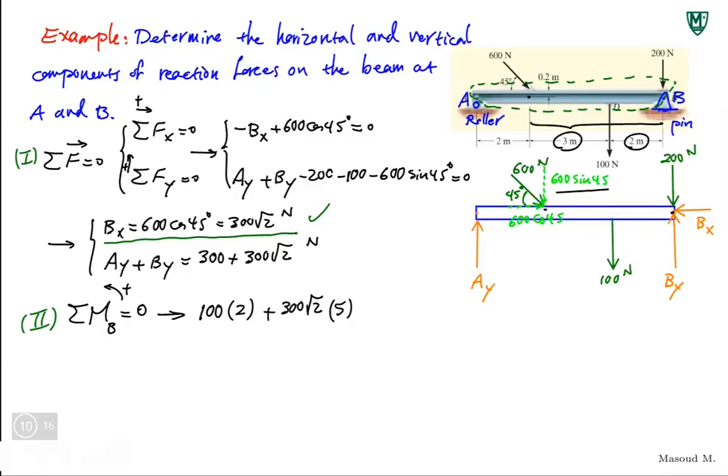So I have a question. Go ahead, Dylan. So you said the x direction of 600 newtons goes through point B, so there's no moment, right? Exactly. But the force is 0.2 meters from the center of the beam. You're right. You're totally right. I actually missed that.